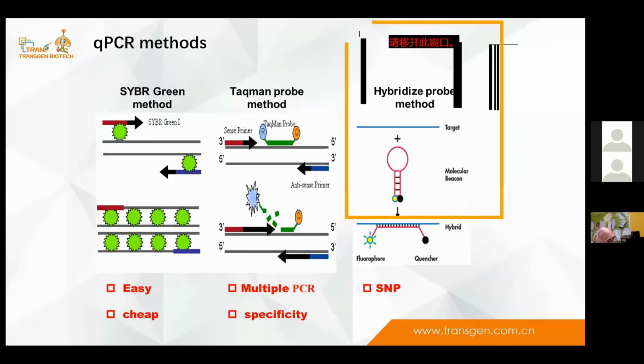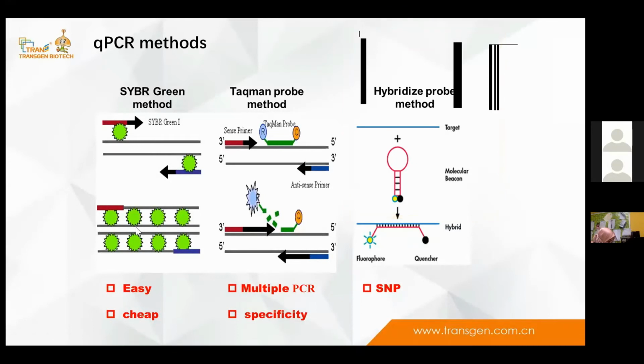During the PCR, more and more products form double-stranded DNA, so the SYBR Green I will bind with the DNA and show fluorescence. In this case, it's very cheap and very easy to operate. So this is just a PCR with dye, a very easy one, and a very cheap reagent.